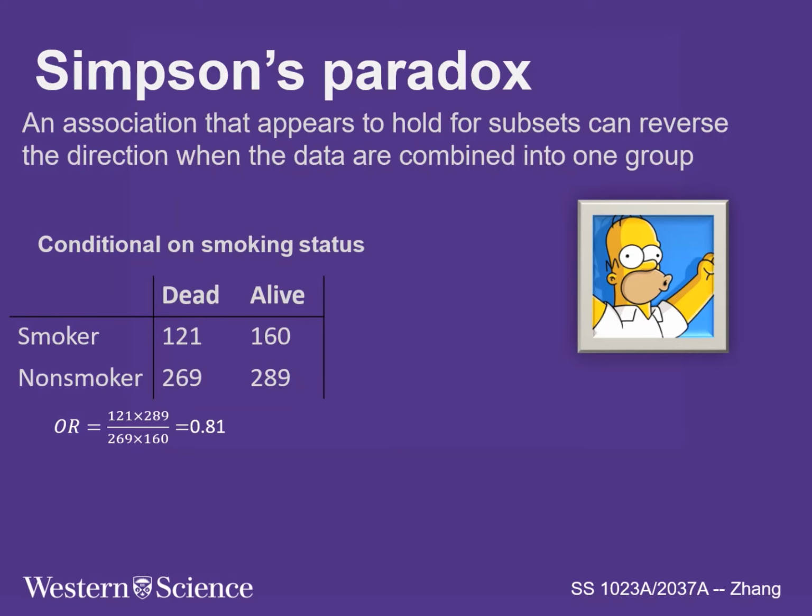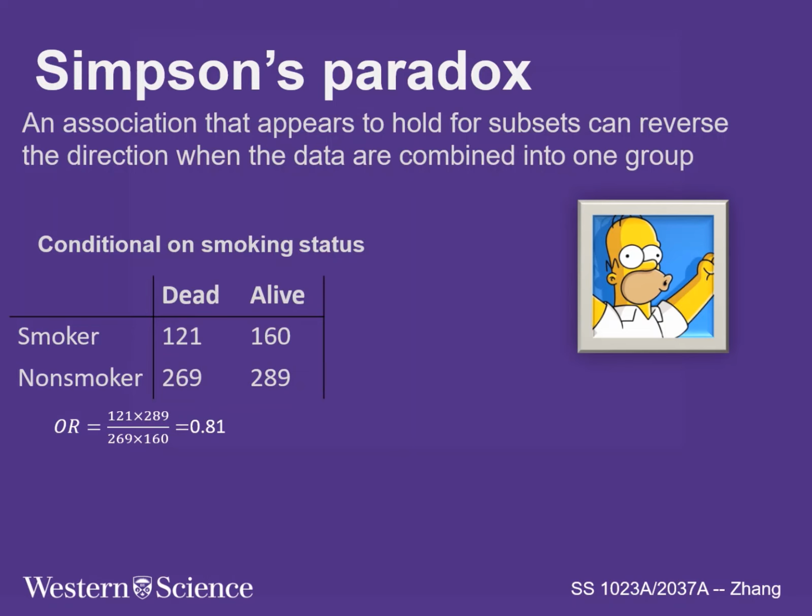So let's take a look at the following example, where we are trying to study the correlation between smoking status and death. If we directly calculate the odds ratio from this 2x2 table, we will get an odds ratio of 0.81, which means the smoker has better odds of being alive than the non-smoker, which is quite counterintuitive.